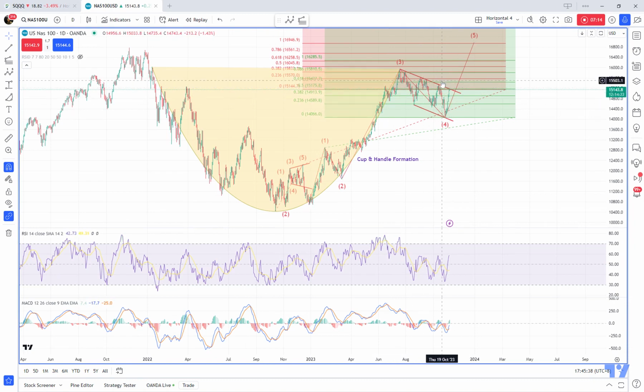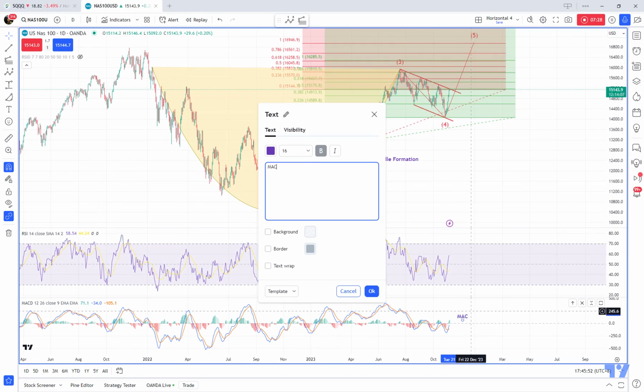We have seen this fourth wave that potentially is breaking. And then we have the MACD. So let's place all our reasons over here. Turning bullish.